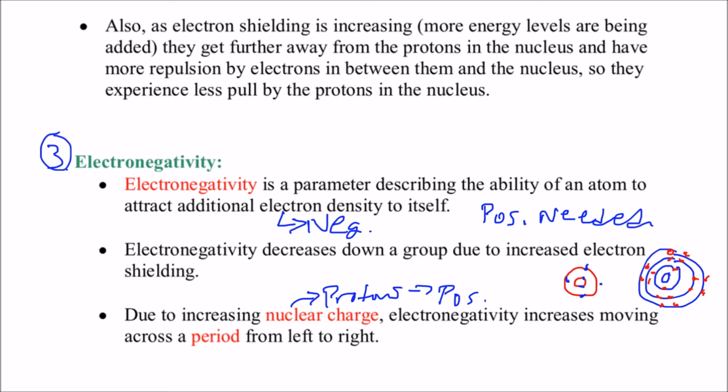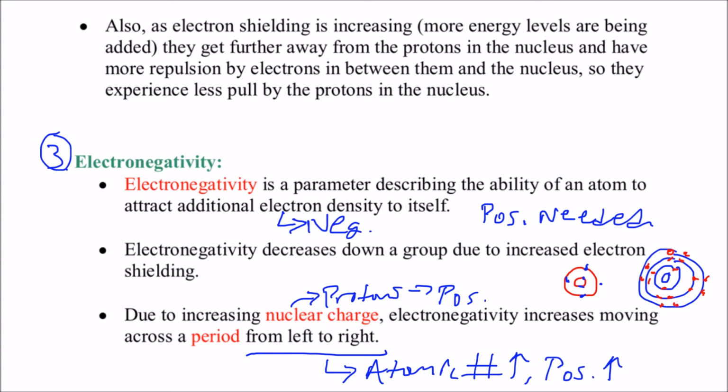So, moving from left to right, the atomic number increases, which means that the positive charge increases. And remember, the more positive charge you have, the more electronegative you are, because you can attract electrons, negatively charged particles, to yourself. So as we move from left to right, that means that the electronegativity is going to increase because you can attract electrons more easily.